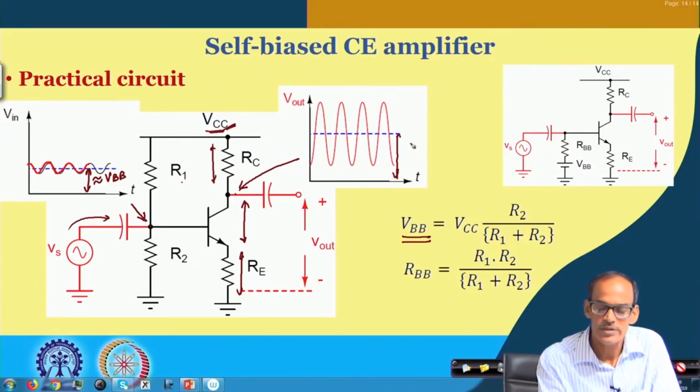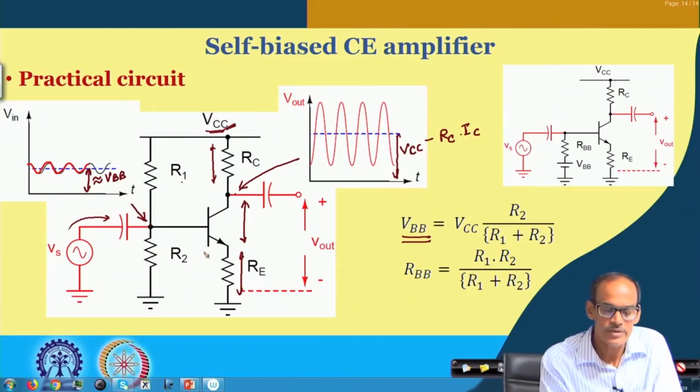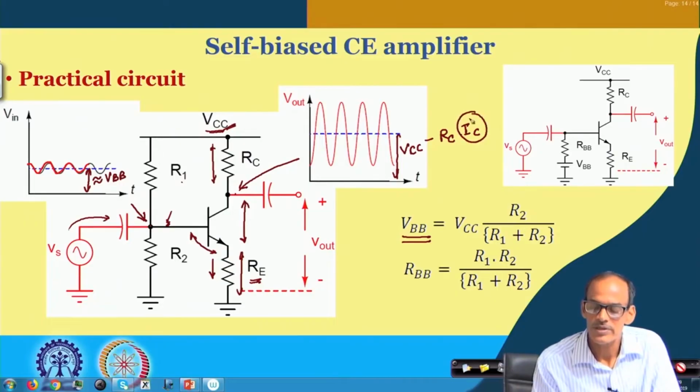That gives the DC voltage. So, this DC voltage is VCC minus RC into IC, and to get the IC, we have discussed that once this voltage is given here, then that minus VBE on, divided by RE, gives the emitter current, and that approximately gives the collector current.